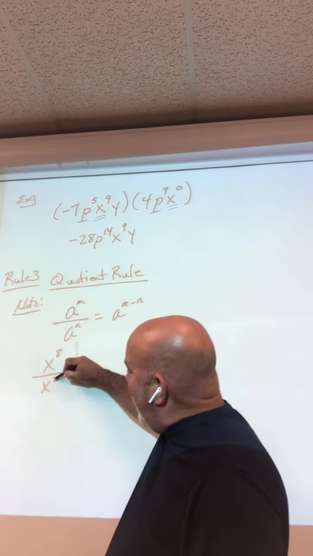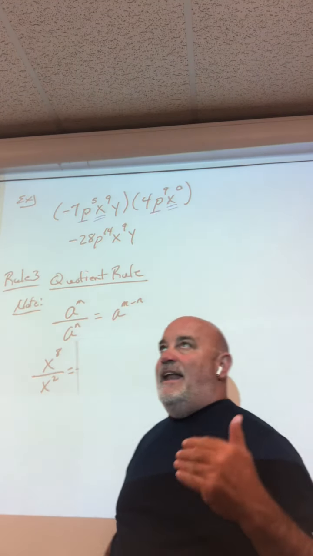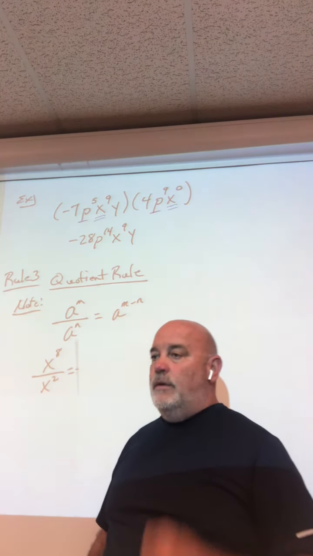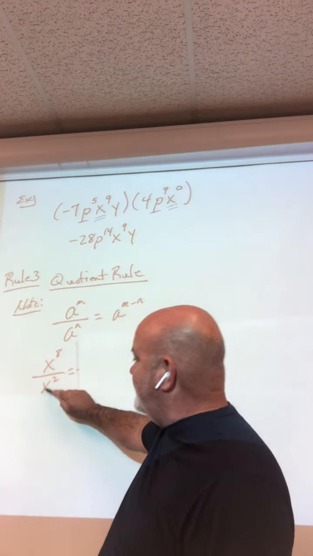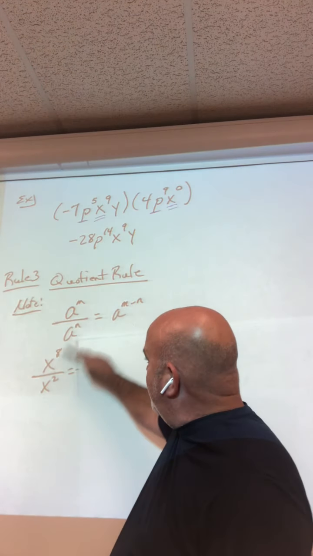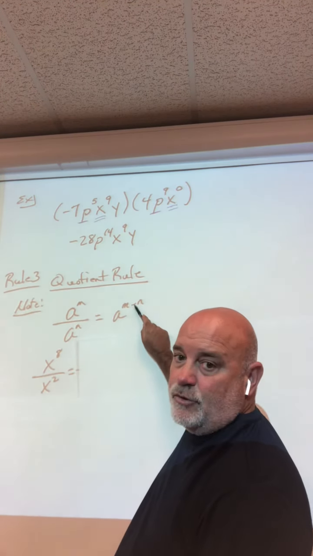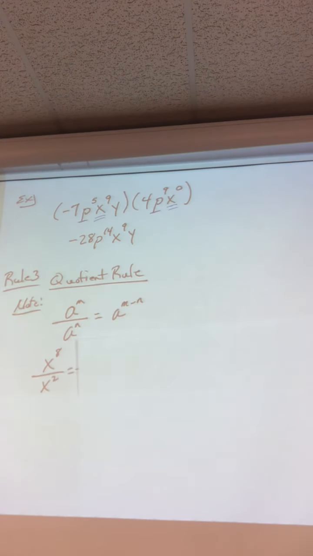So you don't divide the exponents like you divide numbers. Is 8 divided by 2 4? Yes. But x to the 8th divided by x to the 2nd is not x to the 4th. You keep the base and you subtract your exponents. So this would be x to what then? The 6th. Okay, so write x to the 6th.